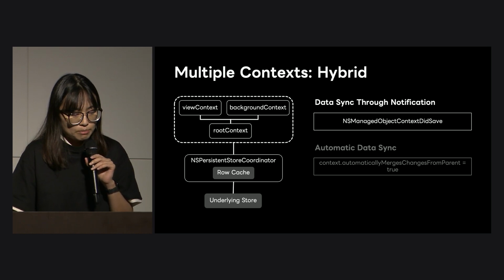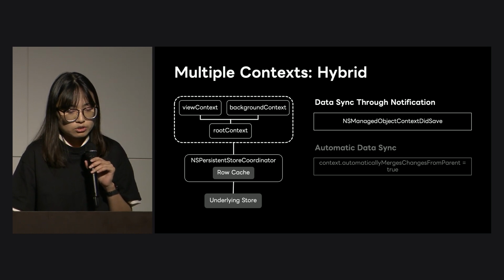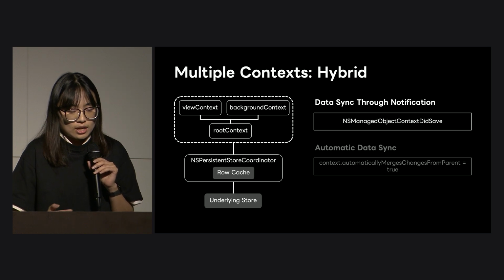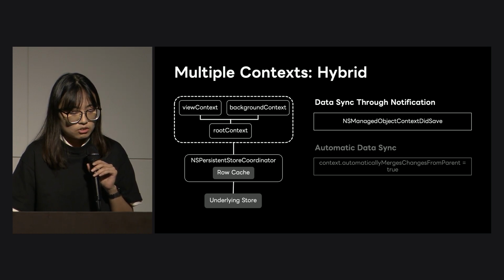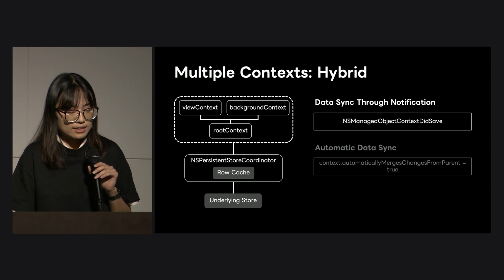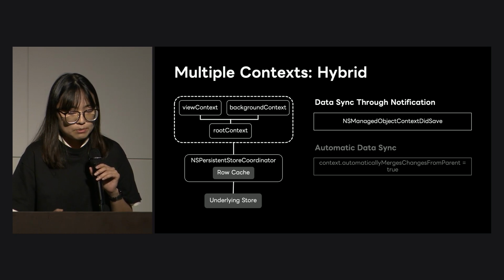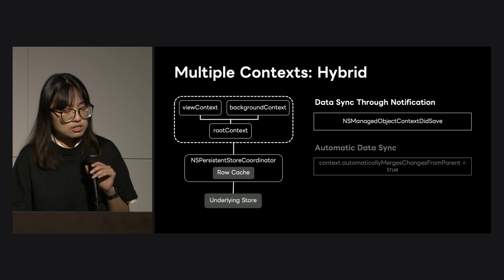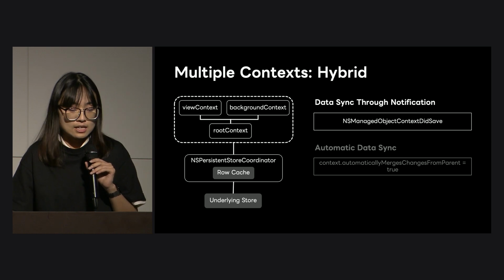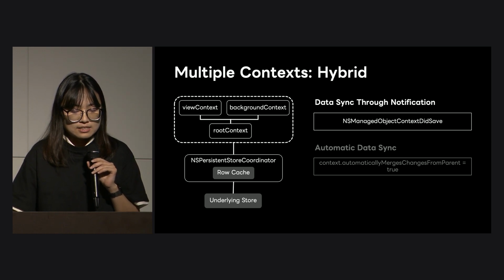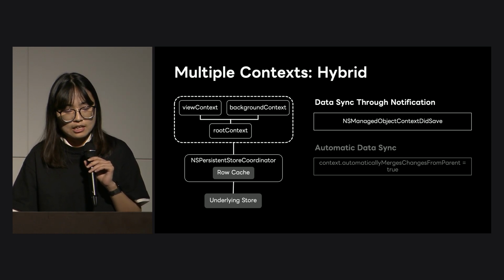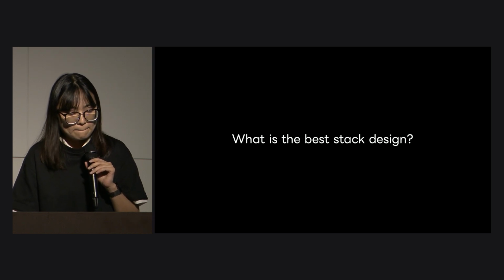With this structure, by connecting all to the shared root context, when handling data sync, you only need to observe save notifications from the root context, instead of subscribing to notifications from every individual context, which simplifies data syncing and reduces boilerplate code.